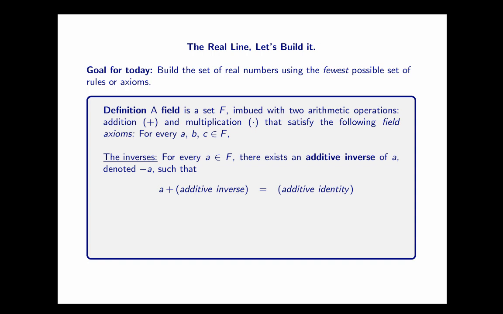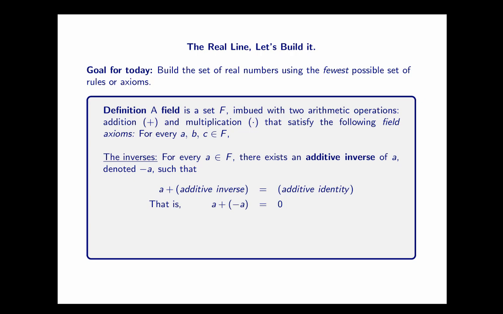Okay, now there are the inverses. And again, because we have two arithmetic operations, we have two types of inverses. We have an additive inverse. So A plus the additive inverse equals the additive identity. Now, of course, remember the additive identity is 0. So the additive inverse to a number A is just its negative, right? So A plus negative A is 0.